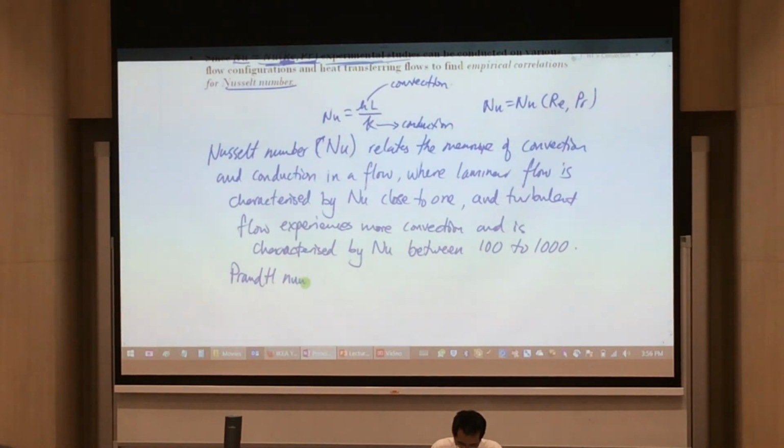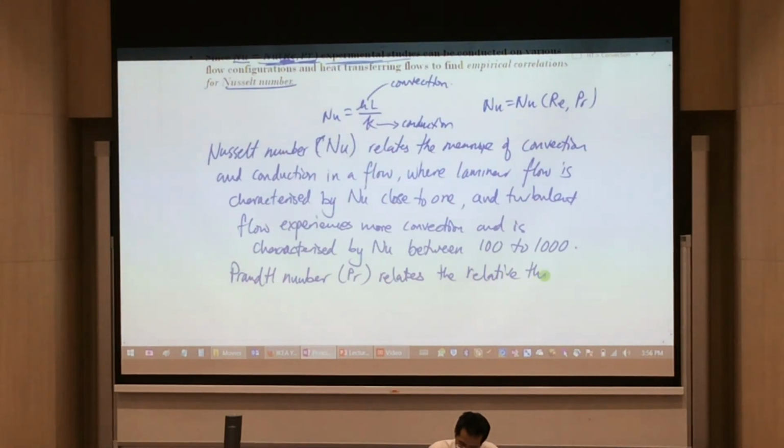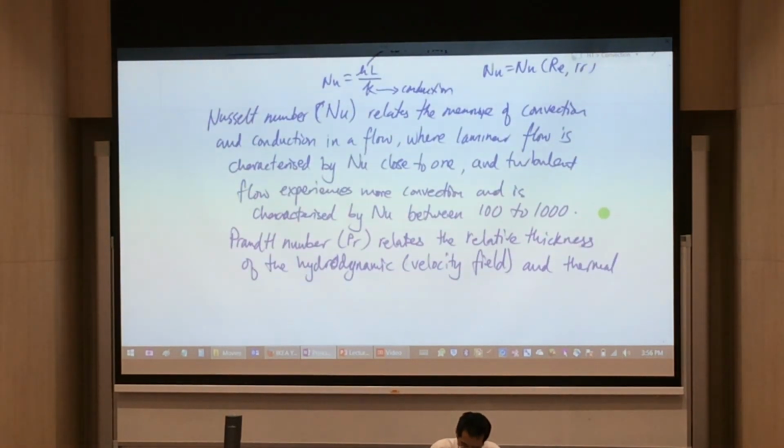Prandtl number, represented as P and small letter r, relates the relative thickness of the hydrodynamic, or sometimes we call it velocity field, to the thermal, or sometimes we call it temperature field, boundary layer.